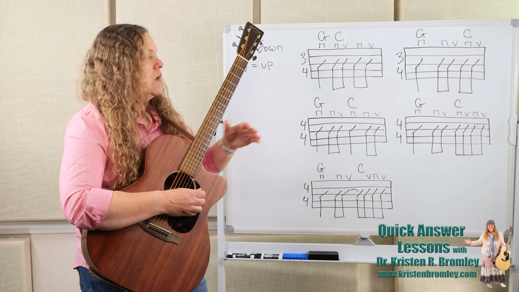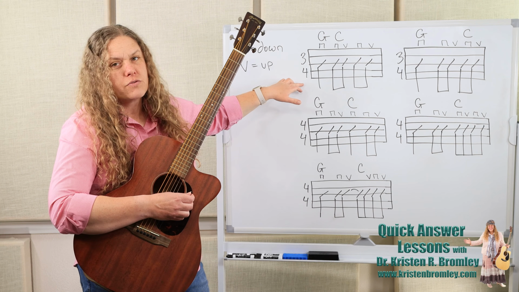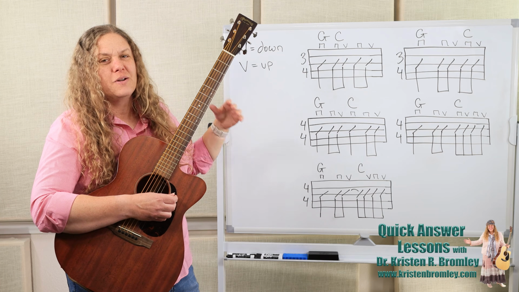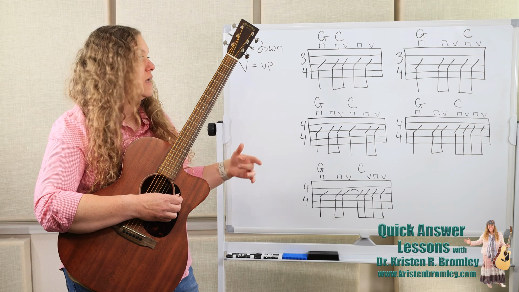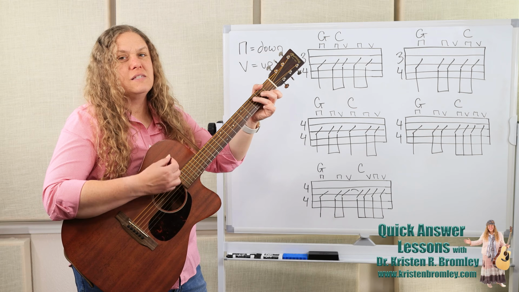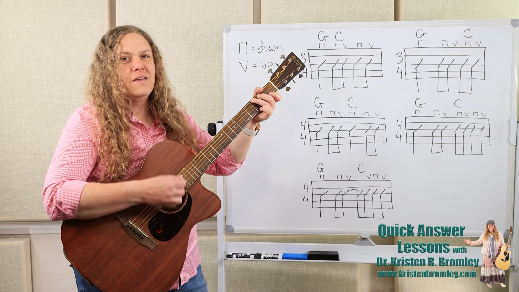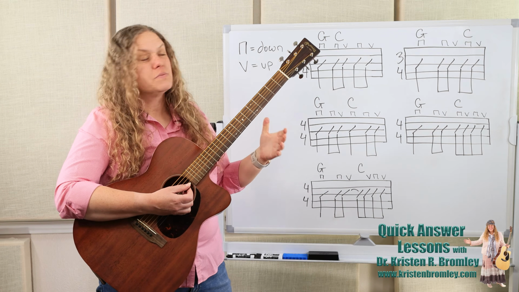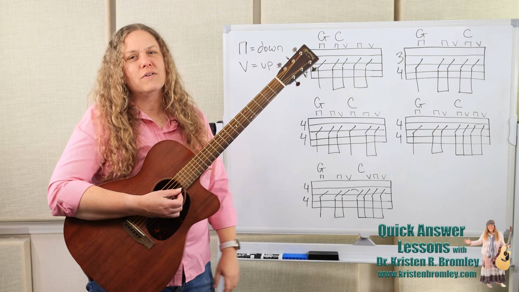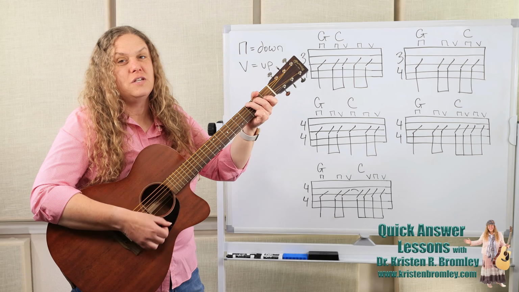So if we were using this strumming pattern, which is really common for 3/4 time, where we go down, down, up, down, up, down, down, up, down, up, then we would go G, C. What we want to do is make sure and catch that new chord wherever it happens in the strumming pattern. So G, C.